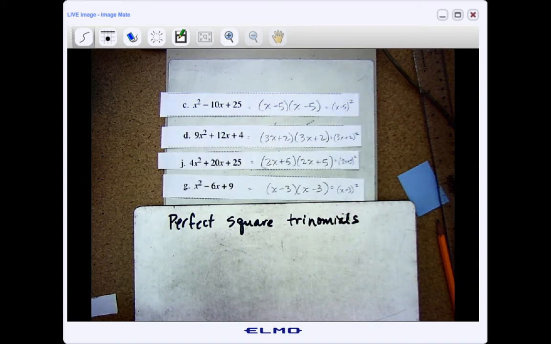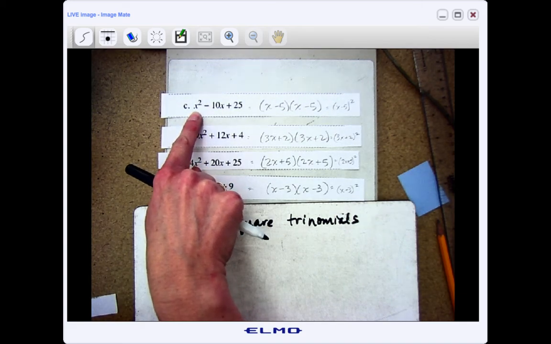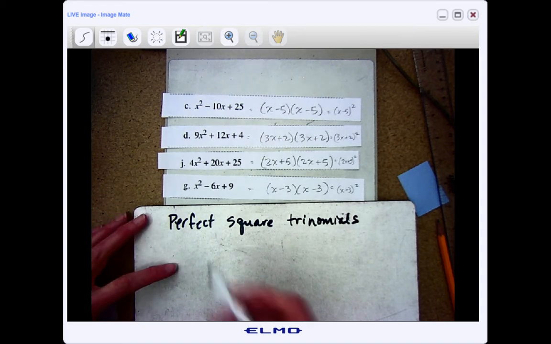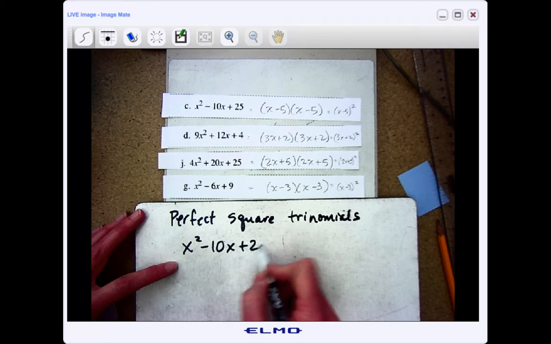See if you can think how that's related to these two perfect squares. How does the negative 10x come from the square root of x squared being x and the square root of 25 being 5, or actually negative 5? Did you see it? Let's look at x squared minus 10x plus 25.